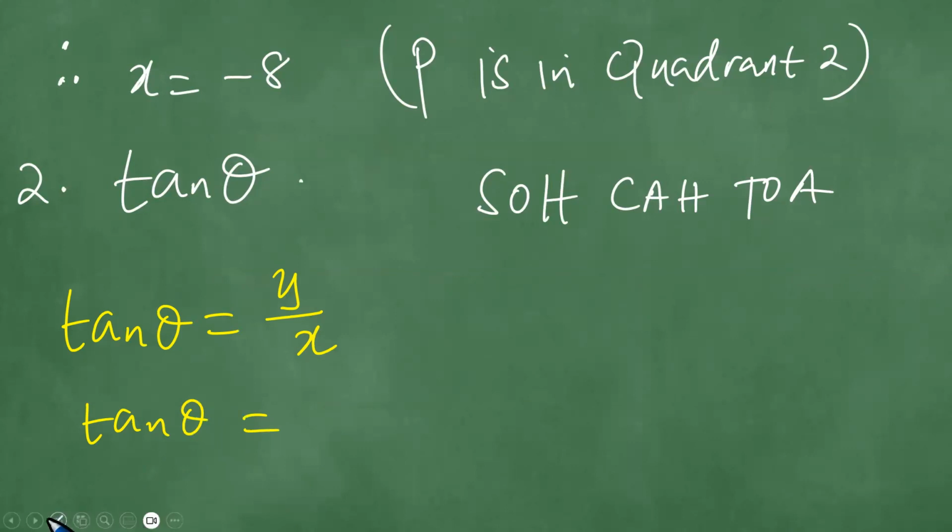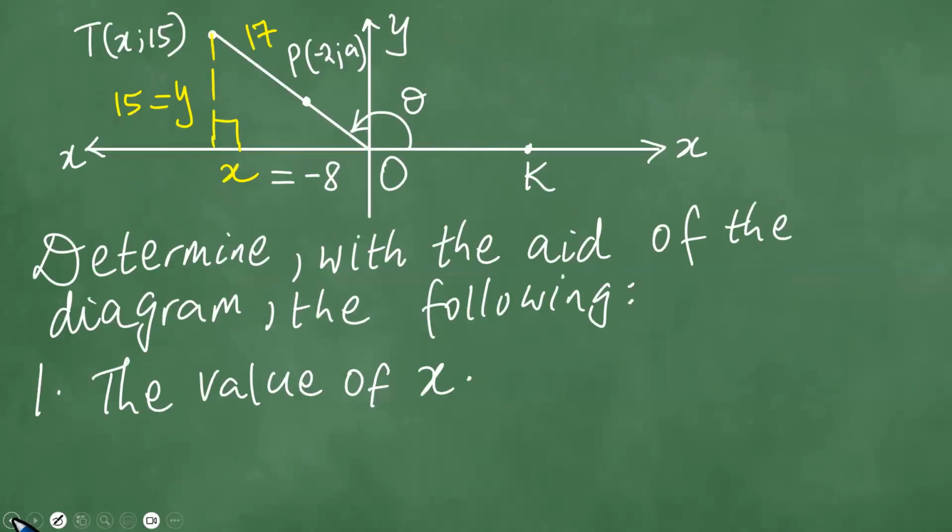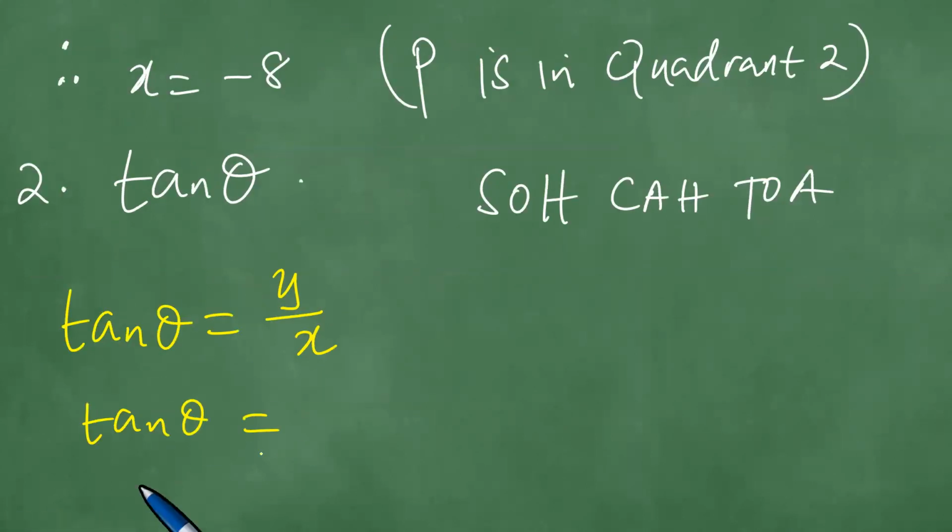Next, what do we do next? Right, so y over x. So y is 15 and x is minus 8. Good.